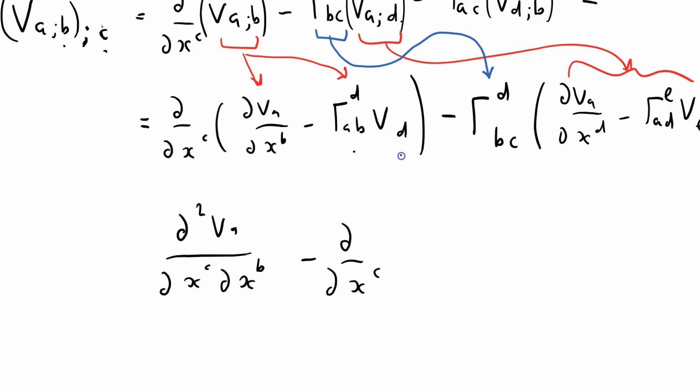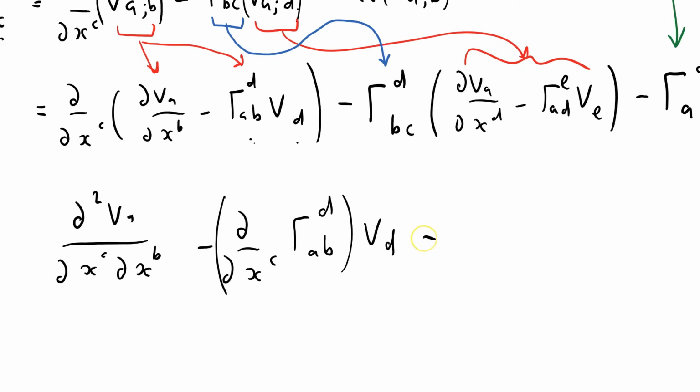We've got a product here, so I'm going to differentiate the first one, DAB, and leave the second term alone. Minus, I'm going to differentiate the second term now, DAB. This is just a regular partial differential. Di VB by di XC. A and D, I think it is.